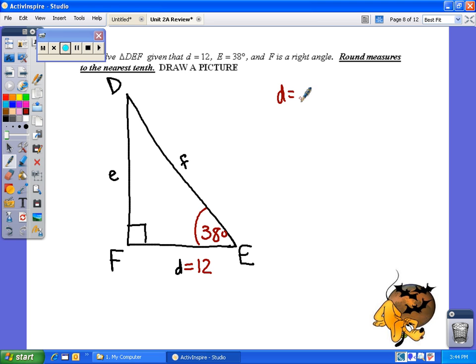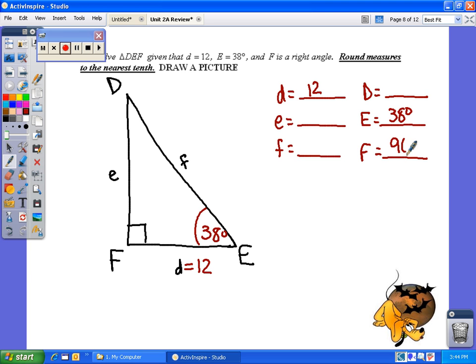So we have D, E, F, d, e, and f. Now to get D, you can just do 90 minus 38, and that will give you the value for D. You could have also done SOHCAHTOA, and that would have helped as well, to check that you get 52, so we'll look at that later.